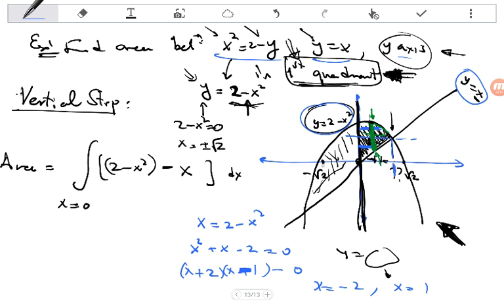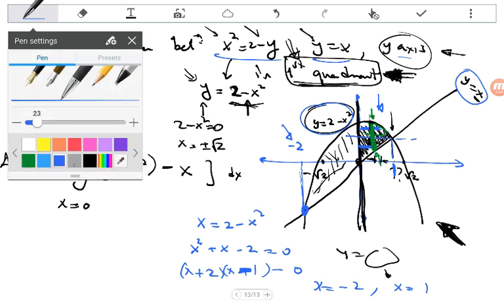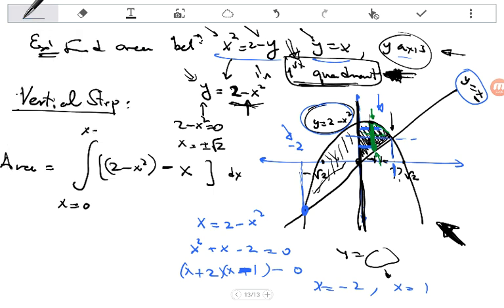This shows the intersection between the same two curves, which will give me this point, but I don't need this point as I'm taking only the region on the right of the y-axis. So that will be x equal to 0 to x equal to 1, which is this point of intersection. Okay, so this is the expression for the area in this problem.